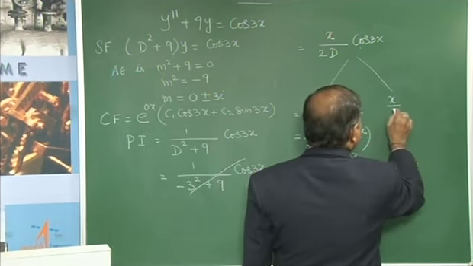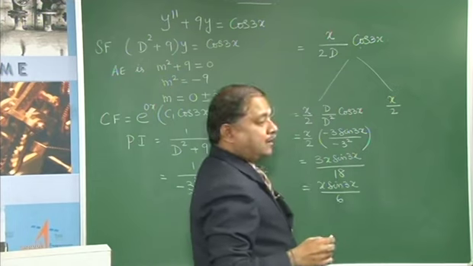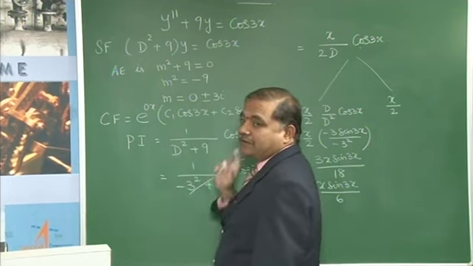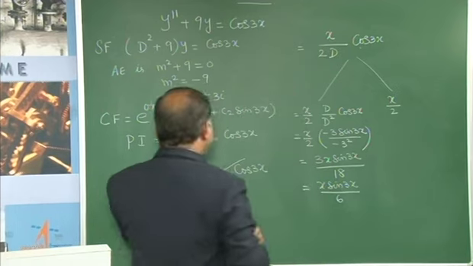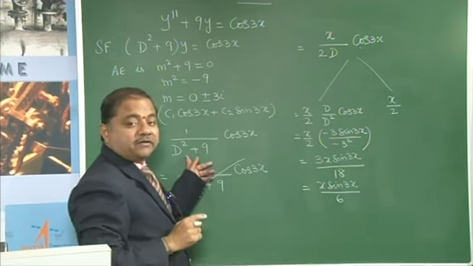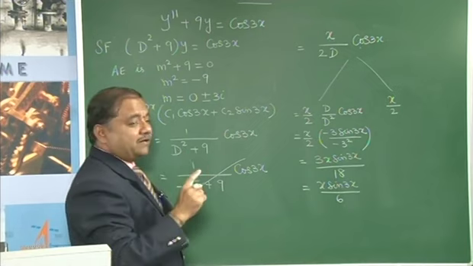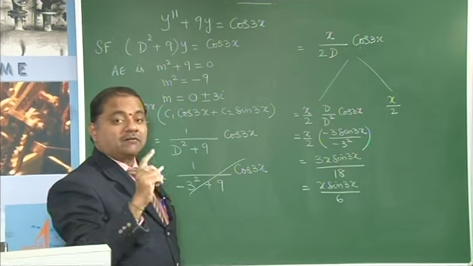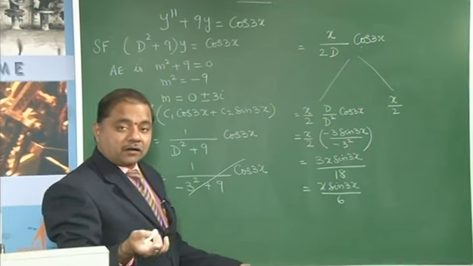x by 2, but you should remember, we are applying the inverse differential operator method. So 1 by d, we said d by dx is the differential operator, 1 by d will become an integral operator.